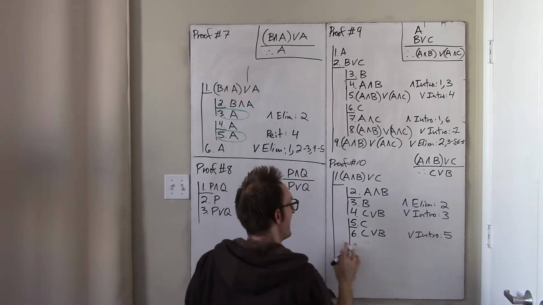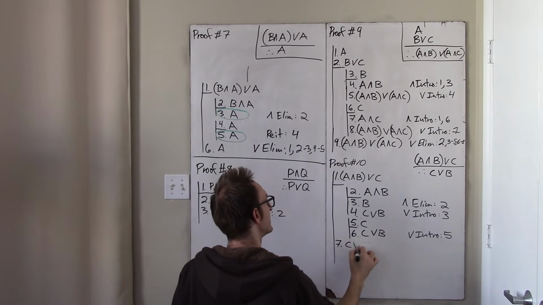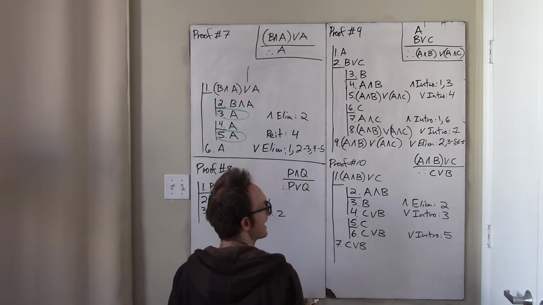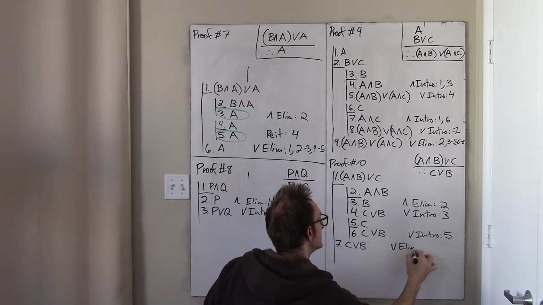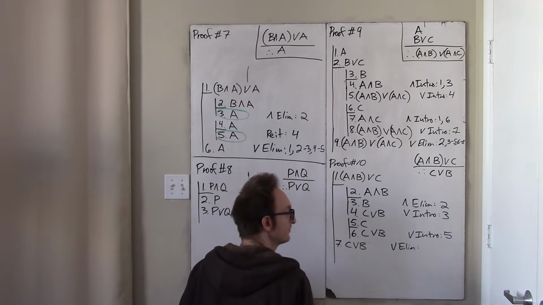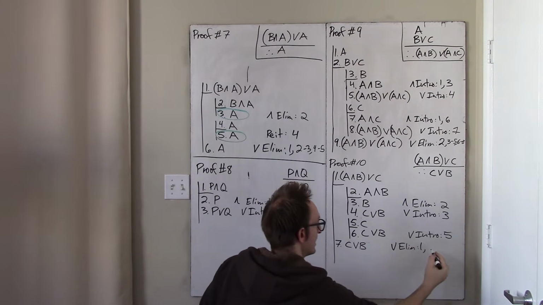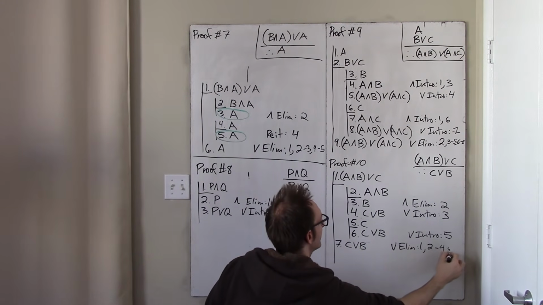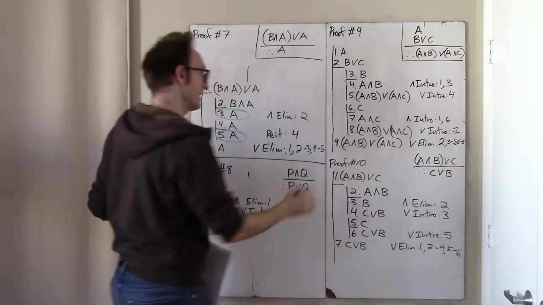And here I have concluded C or B, so back out at the main body of the proof, I now know C or B. Reason, or elim, in other words, I started with line 1, or elim 1, 2 through 4, 5 through 6. Okay, there it is.